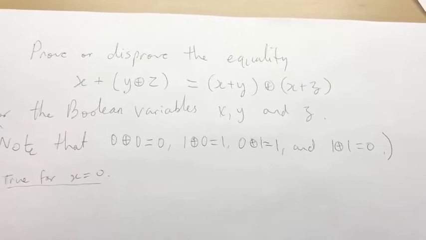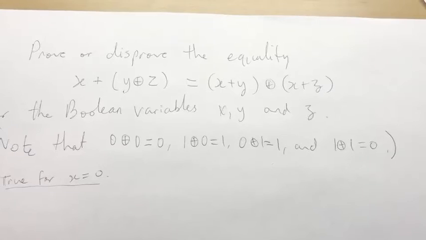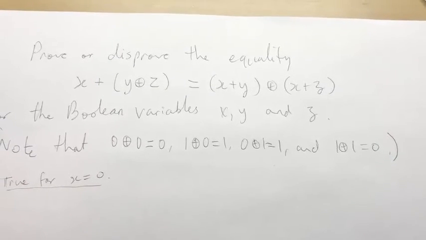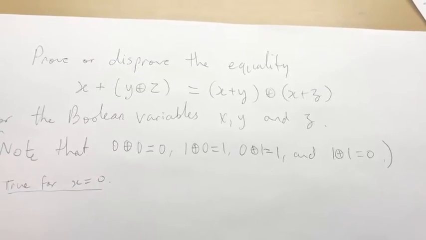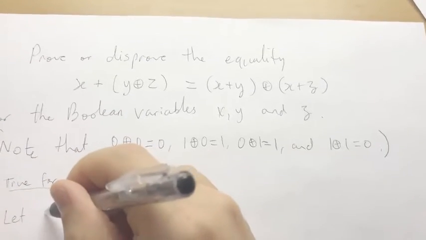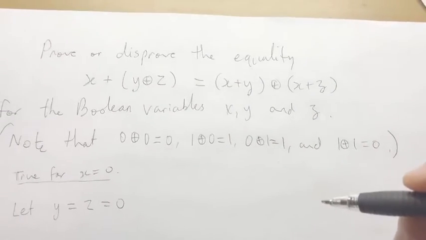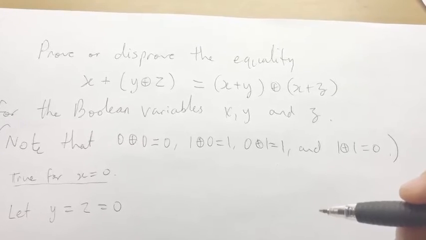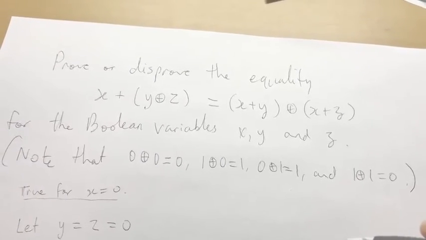But is it true when x is not 0? I think you get a problem straight away when you let y and z be 0. You can suddenly let things be 0 because Boolean, if it's 0 and 1, it could be 0, and the note they give you suggests that the two values are 0 and 1.